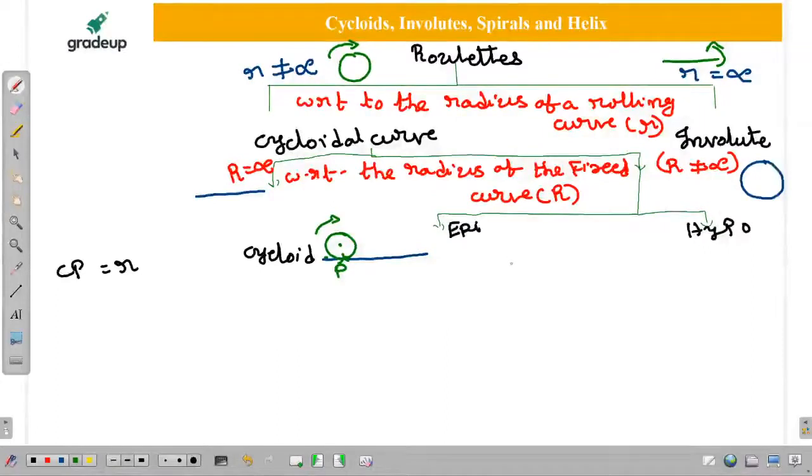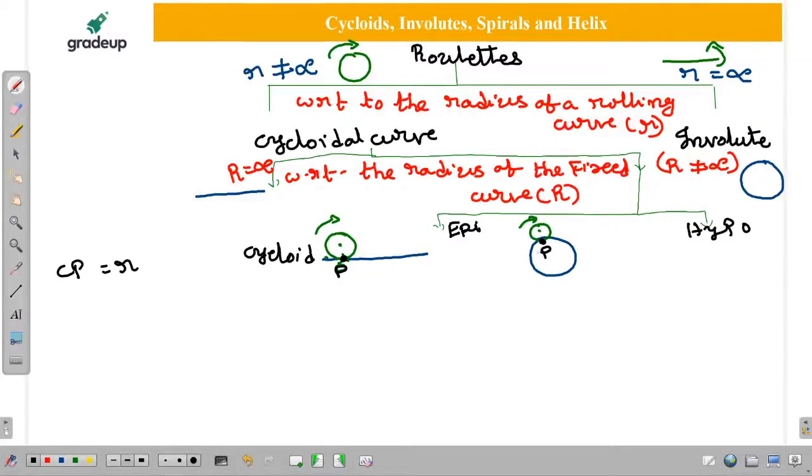Sir, what about the other one? So this is point P. So the path is considered as cycloid. What about the other one, sir? Let us consider the fixed curve is a circle. The rolling curve is also a circle, but it rolls outside. This is the center. And you are considering a point P on the circumference of the circle.